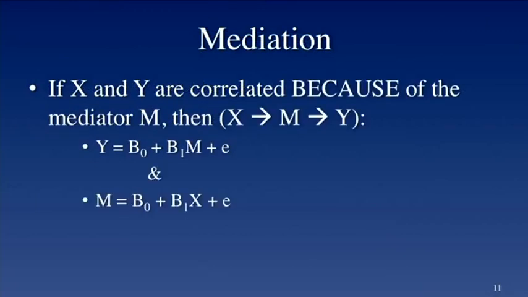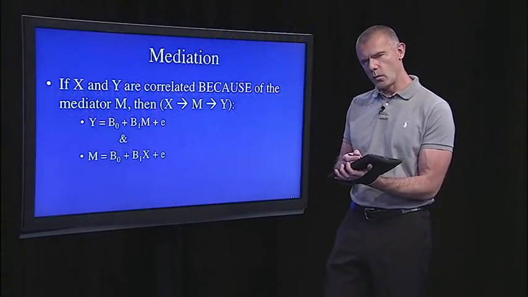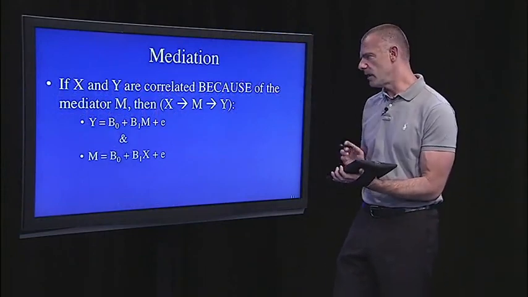Now, if we add in a mediator variable, we will actually wind up with three regression equations. Here I'm just going to show you two. The first one is we can predict Y from the mediator variable.